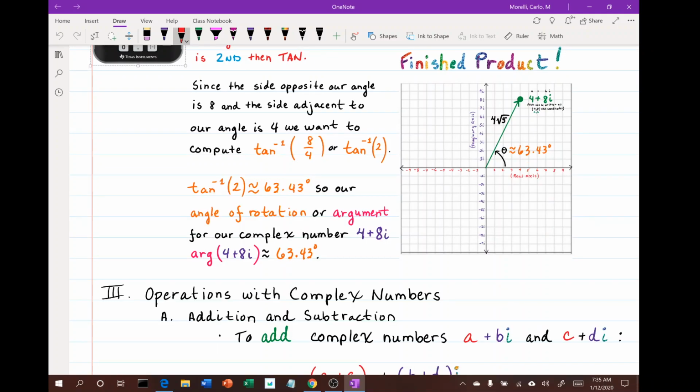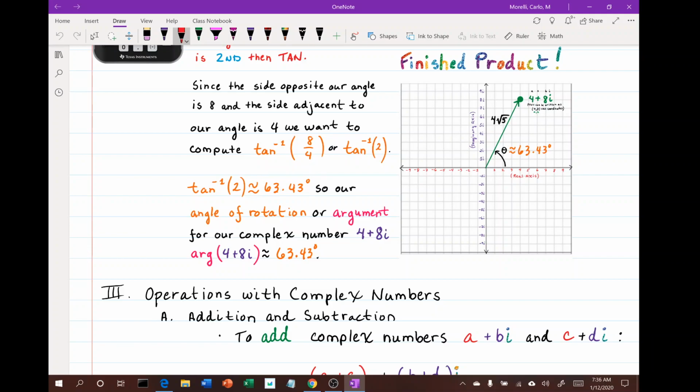Since the side opposite our angle is 8 and the side adjacent to our angle is 4, we want to compute the arctangent, or the inverse tangent, of 8 over 4, opposite over adjacent. 8 divided by 4 is 2. So the arctangent of 2 is going to give us our angle of rotation, or in this case, our argument.